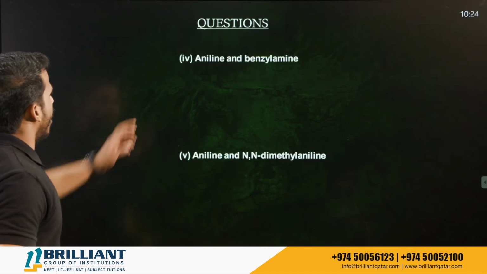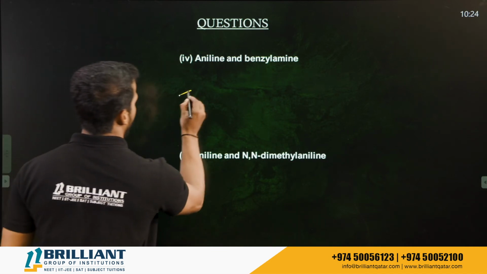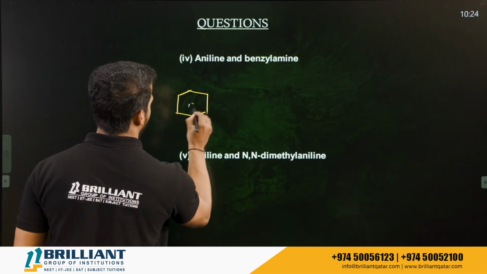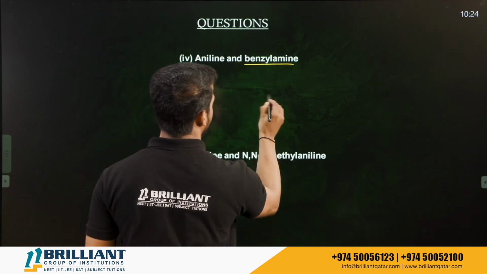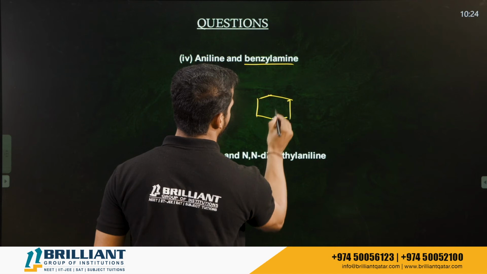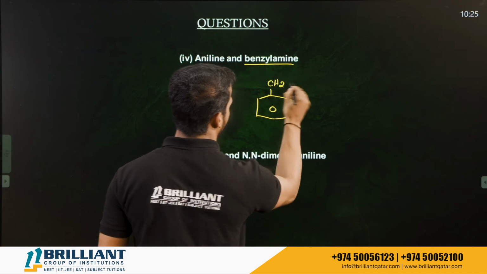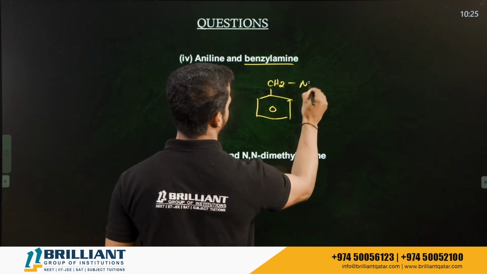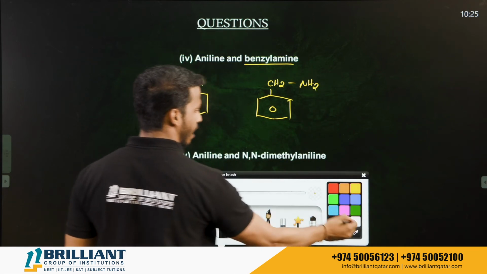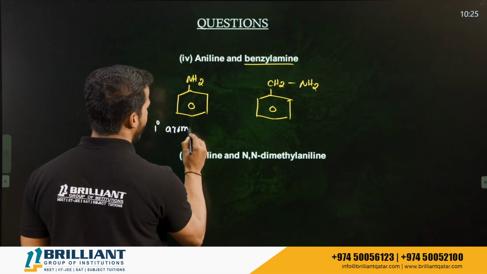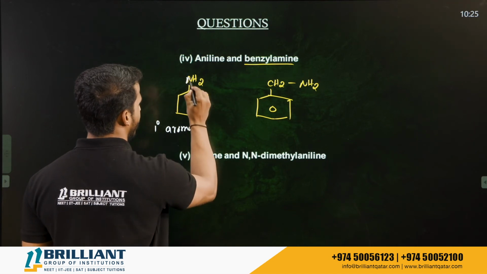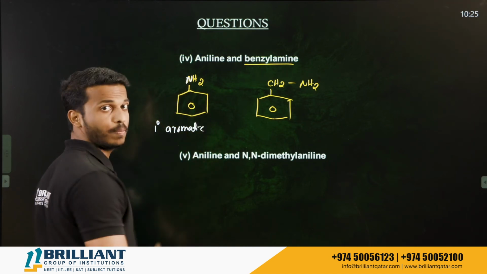Next, aniline and benzylamine. Aniline is benzene with NH2. Benzylamine is benzene with CH2 and then the amine, called benzyl amine. What is the speciality between them? Aniline is a primary aromatic amine because the nitrogen is directly on the aromatic ring like benzene.